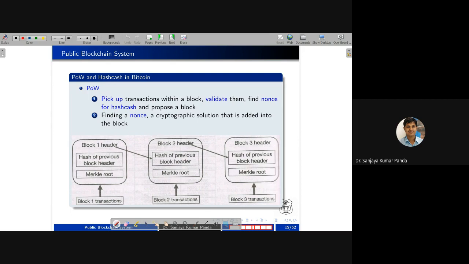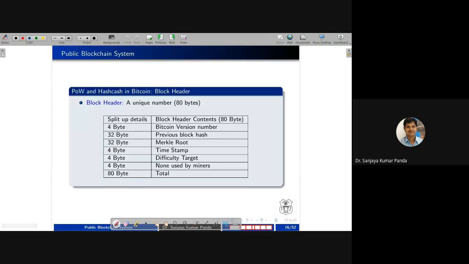So everything is maintained in the form of a block header. Let us understand what is there in the block header and what is the size of each block header. You can see here, each and every block header is unique and it is 80 bytes. Right? It is only 80 bytes. If you see what is there in these 80 bytes, we have the Bitcoin version number, that is 4 bytes.